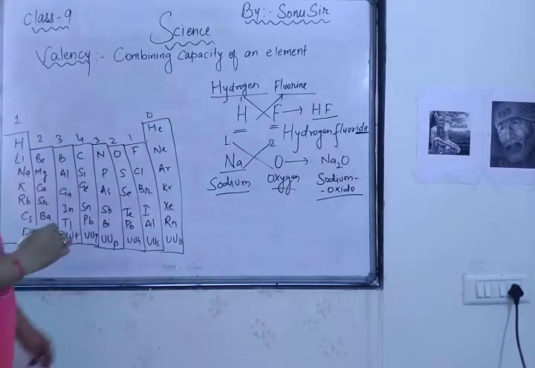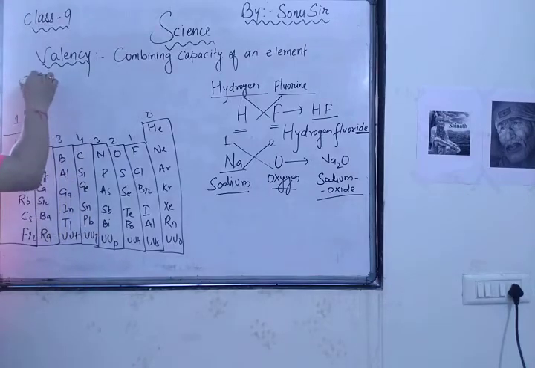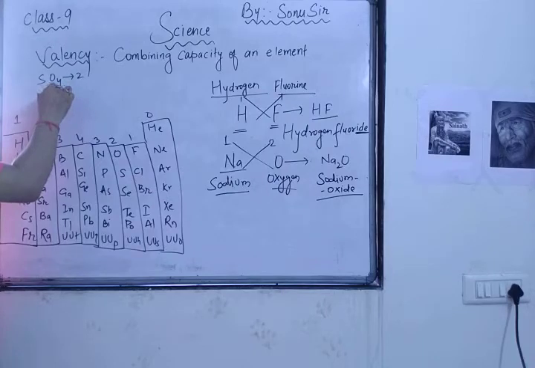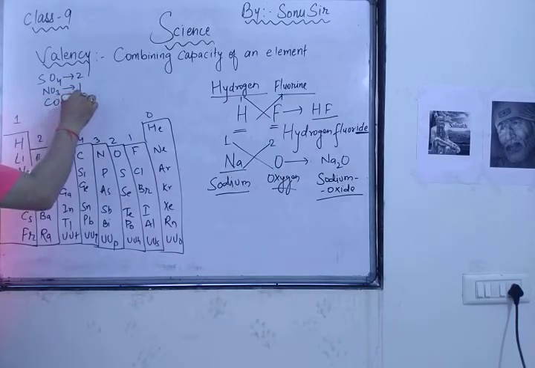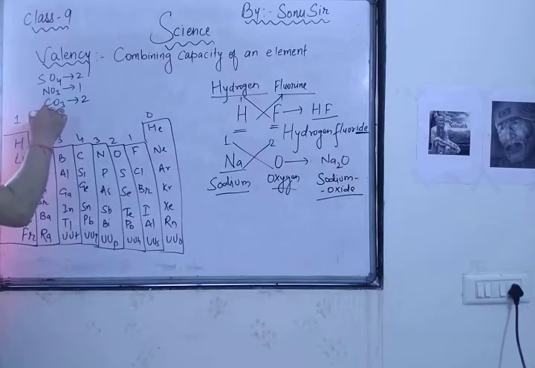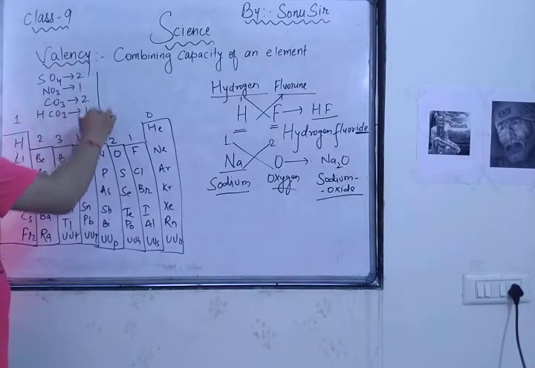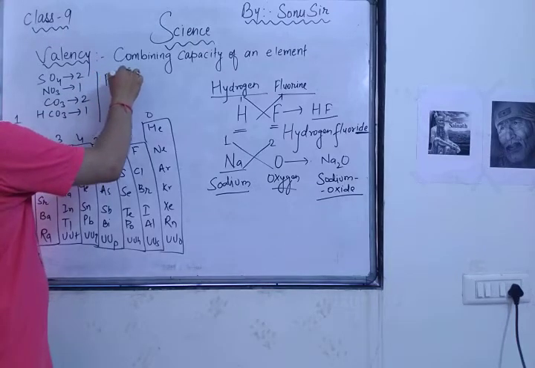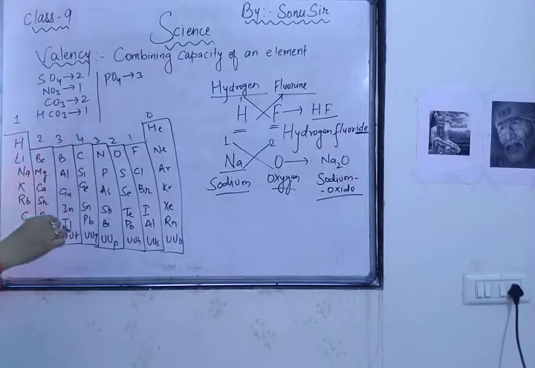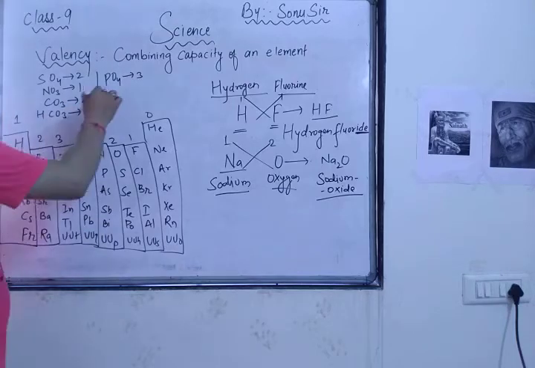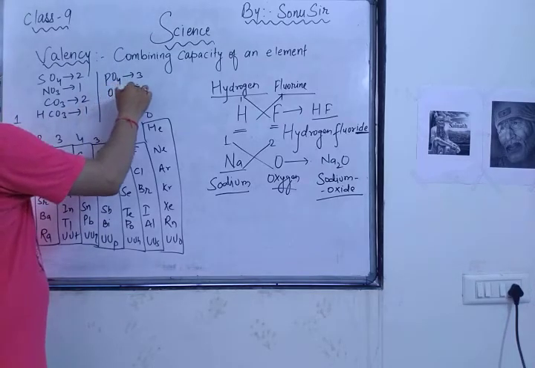Now, the main compounds I had given you: sulfate valency is 2, nitrate valency is 1, carbonate valency is 2, bicarbonate or hydrogen carbonate valency is 1, phosphate valency is 3. These are a few common things. Hydroxide valency is 1.